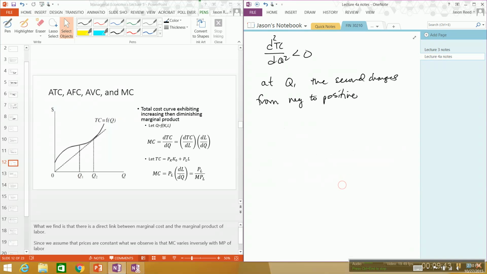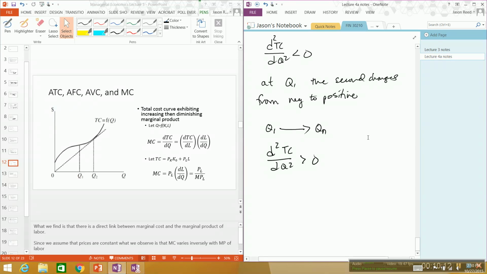That means from Q1 on to some Qn in the future, where n is some limit that we can make, we have the second derivative being greater than 0. Good, and that makes a lot of sense to us when we see this picture.